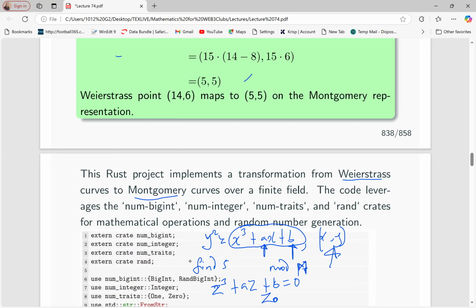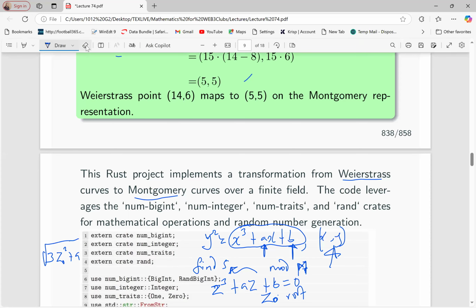Must be able to give me this root. So of course, using this root, you'll then be able to give me S. And S will be the square root of 3 multiplied by Z naught squared plus A. So this formula I'm giving it to use to get S. Once it gets S, I must give it the formula for finding the value of X and Y. So those are the things we'll then be looking at.